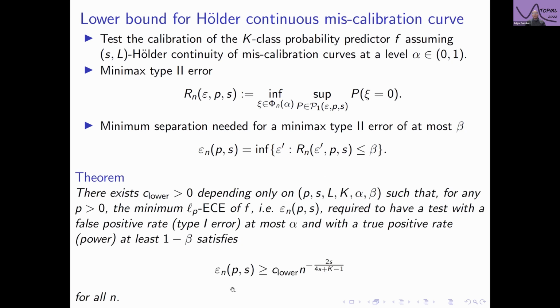Our result says that this detection rate is exactly of the same order as the upper bound. This is the result that you would expect in general from the literature on non-parametric hypothesis testing. But because we are constrained to the simplex, and we have a different observation model, we actually need to do quite a lot of new work to show this. The result itself is not too surprising, at least, but the analysis is still novel.